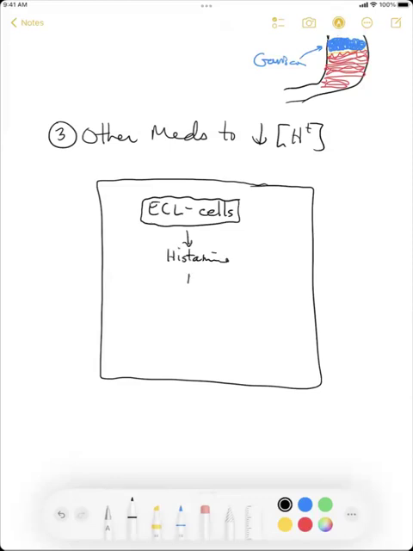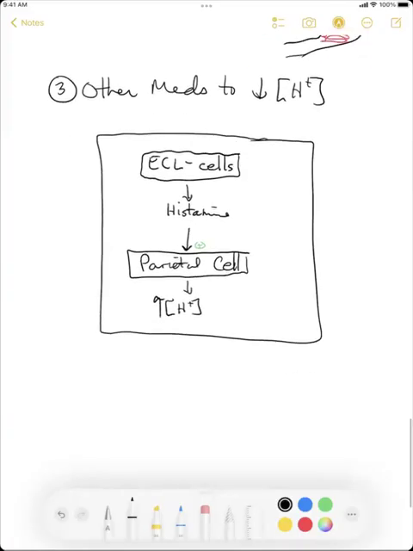And that histamine will stimulate the parietal cell to produce acid. That's essentially what is happening here.